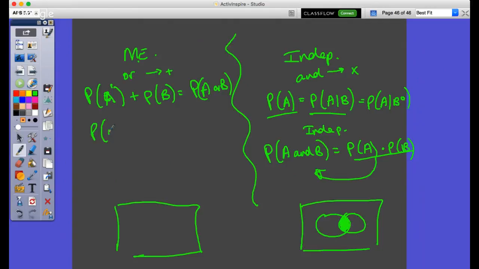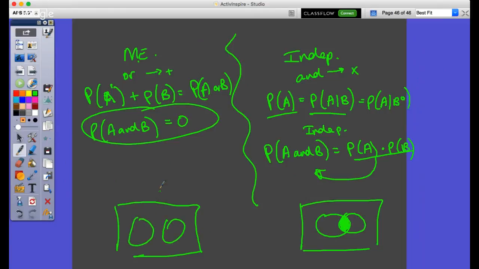Well, remember, the probability of A and B, or the intersection here, is equal to 0 when something's mutually exclusive. Think two circles with no intersection, okay? There's no intersection here. So that's something to just remember when we're referring to independence and mutually exclusive. Cool.